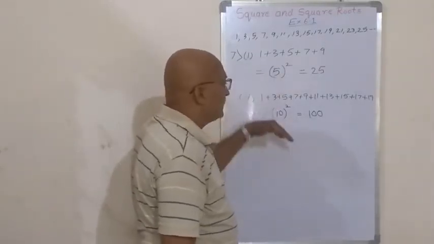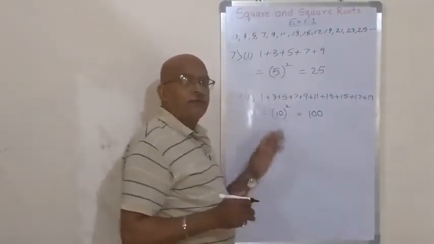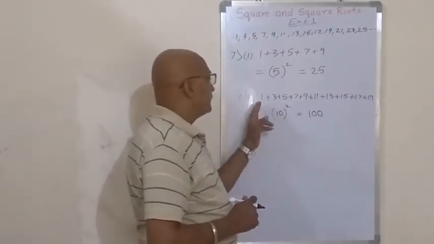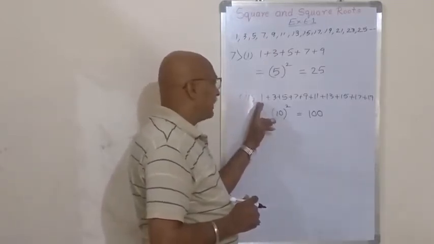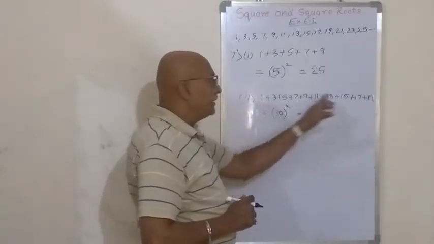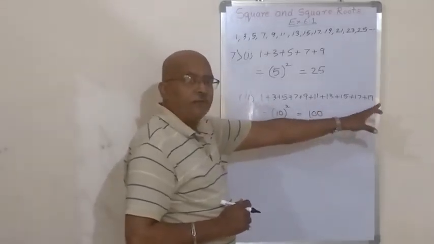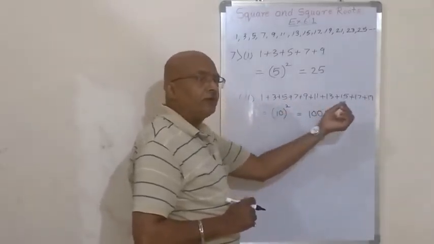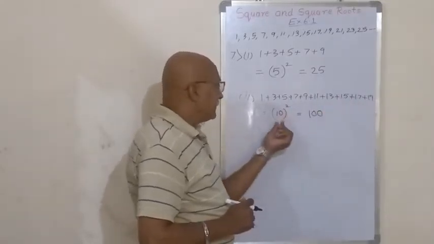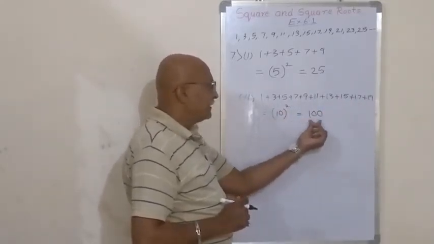So in this fashion we can find out the sum of consecutive odd numbers starting from 1. Any number of odd numbers you can take. Just take the square of how many odd numbers you are taking, and you will get the total sum.